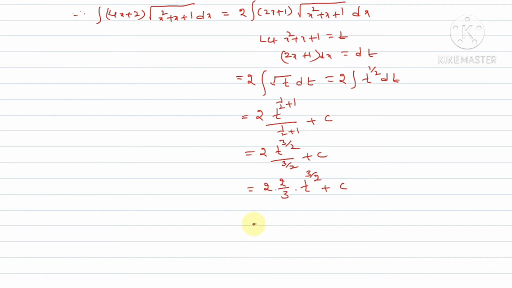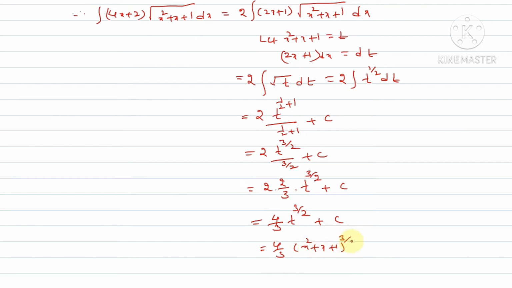The denominator comes to the numerator, so 2 by 3 into 2, which is 4 by 3 into t power 3 by 2 plus c. What is the t value? We have taken x square plus x plus 1.